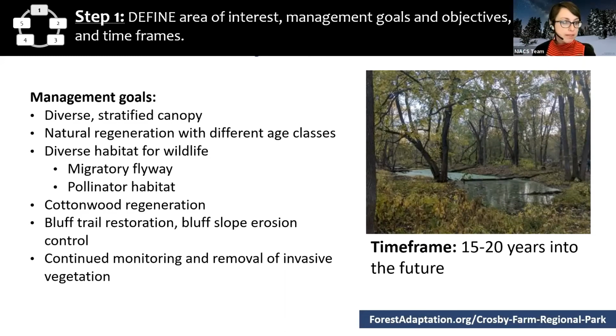It's kind of a complex natural area, but very familiar with their goals and objectives. The time frame is 15 to 20 years out into the future. And the site is about 549 acres and receives over 530,000 visitors annually and is considered the largest natural park in the city of St. Paul, Minnesota.